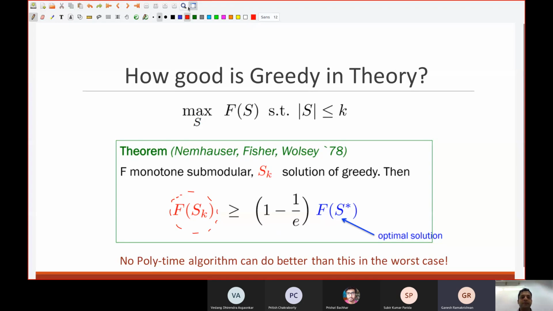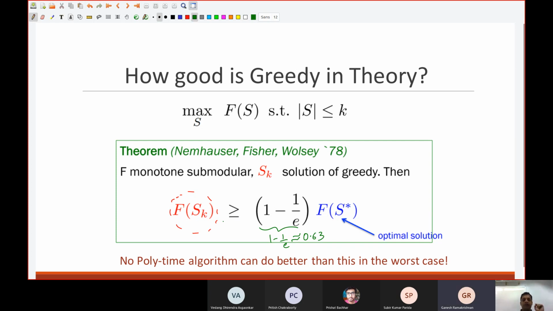What is 1 minus 1 over e? Roughly 0.63, right? So that's pretty good. 0.63 times the f on the optimal is the lower bound on the function at Sk obtained using greedy for a monotone submodular function.